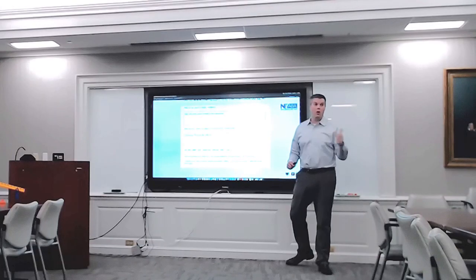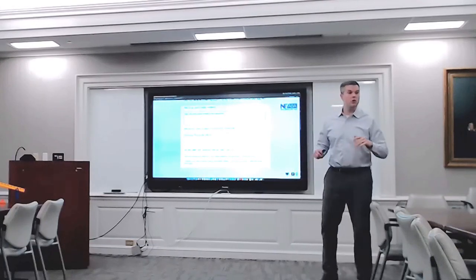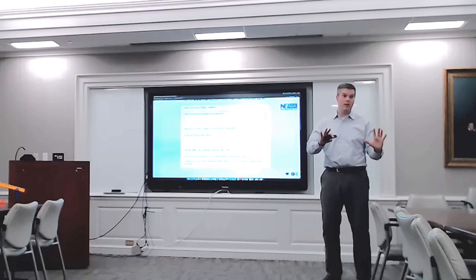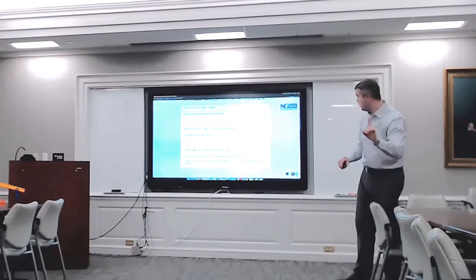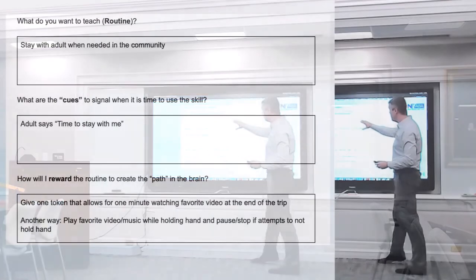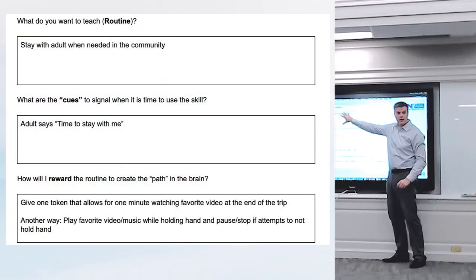Another example, notice again, I'm using the exact same framework. I'm using the exact same template. Nothing has changed. I'm just inputting another routine here, a new behavior I'm teaching, staying with the adult when in the community. It's a big one, right? What are my cues? What are my signals, right?